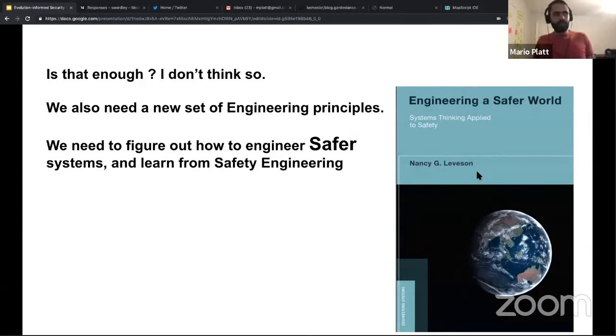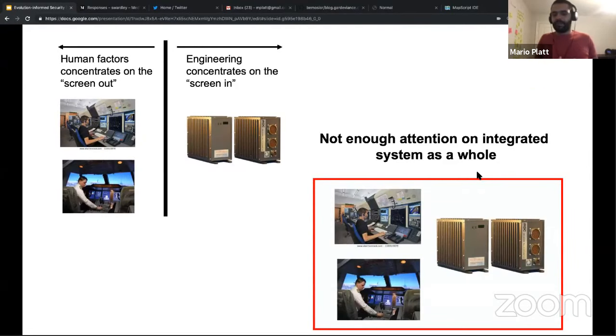I don't think that's enough, though, and there are a lot of things happening in merging the engineering practices from the safety world back into the security engineering as well. So Leveson has a lot of good information on that. But the main takeaway from the system, and this is something that still happens a lot, with a lot of security people being less than nice to some of the users for clicking on phishing emails, that type of thing, is that a system that fails on user error is a system that is in need of re-engineering, right?